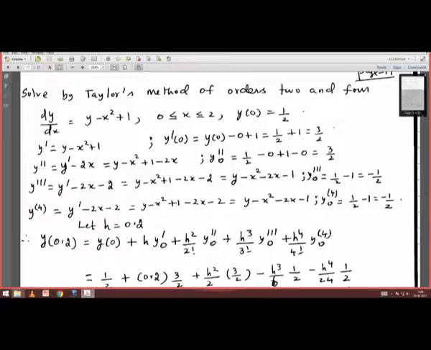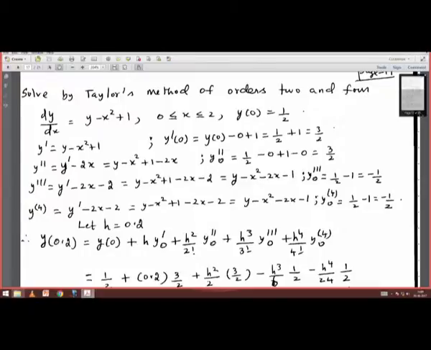So, let us take y prime, which is y minus x square plus 1, and compute the successive derivatives, and then we can evaluate these derivatives at the initial point. So, y prime at 0 is y of 0 minus x square where x is 0 plus 1. That gives you 3 by 2.